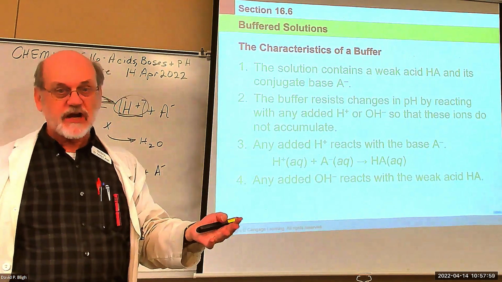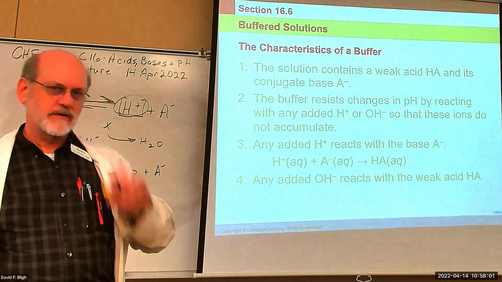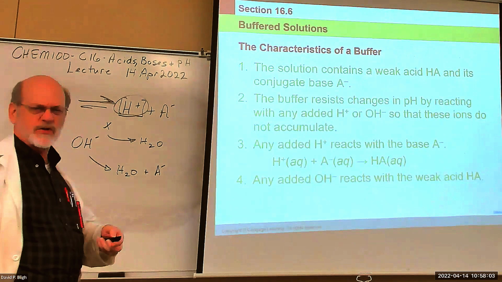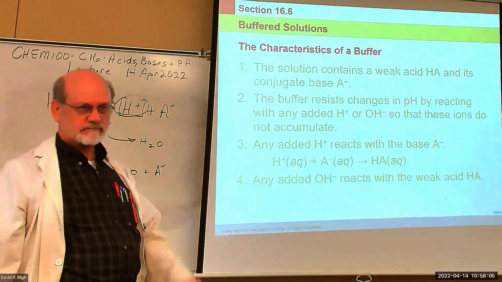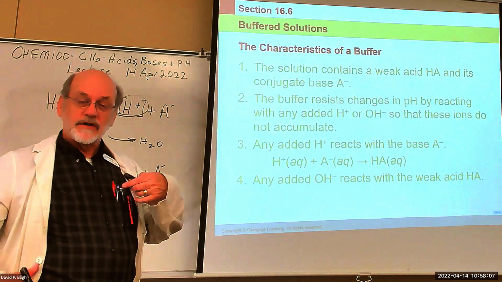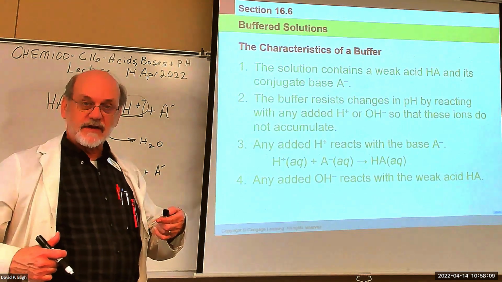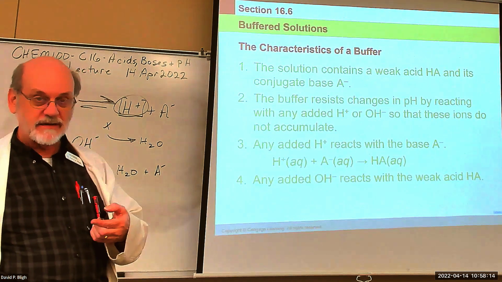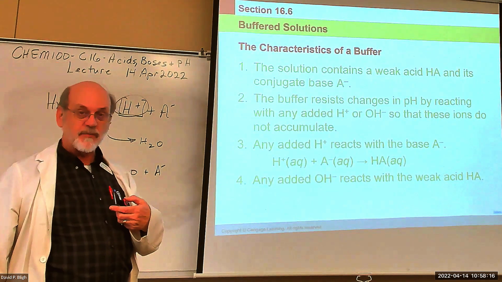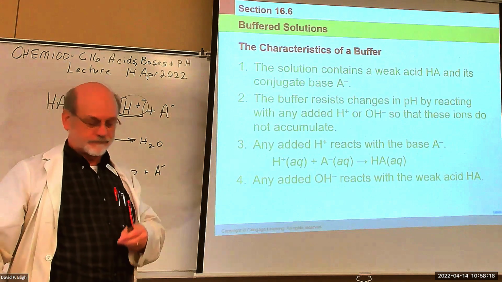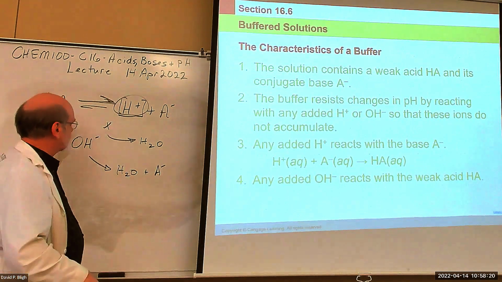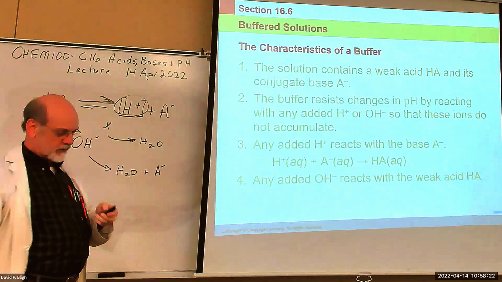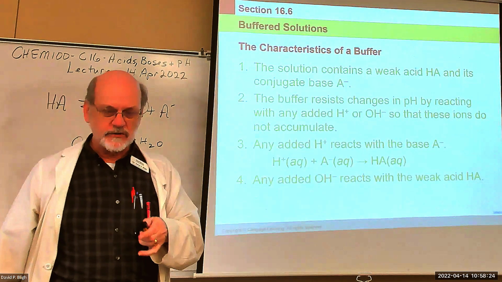Consequently, your pH doesn't change much. It always changes a little bit, but not like it would if you had a strong acid in there and you tried to do that. If you have a strong acid and you add acid or base, then the pH goes wildly in either direction. It has to be a weak acid in order to produce a buffered solution.